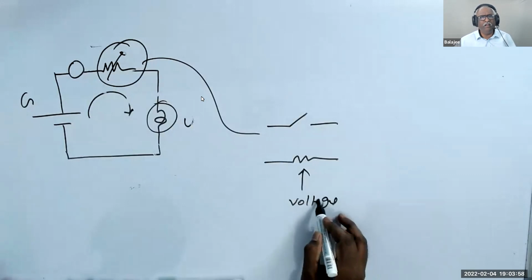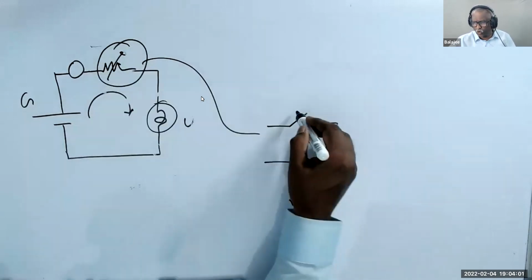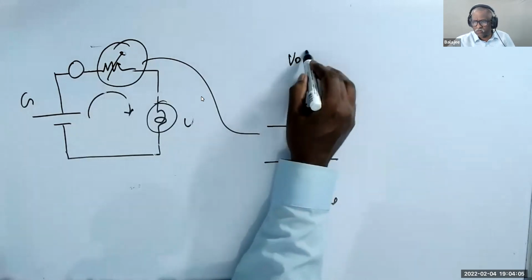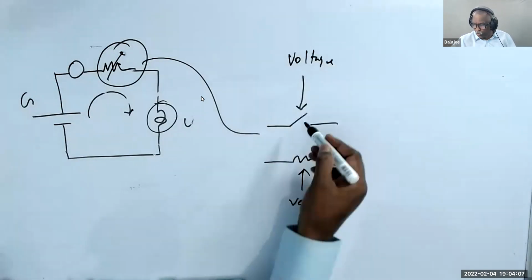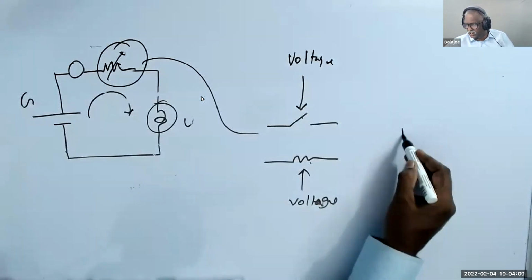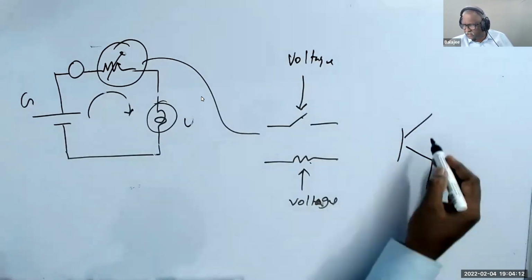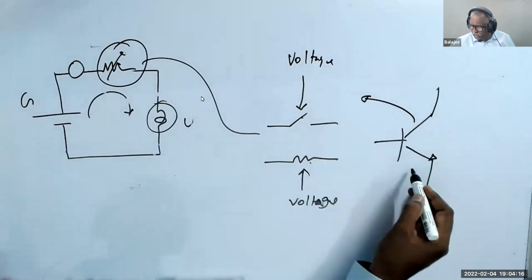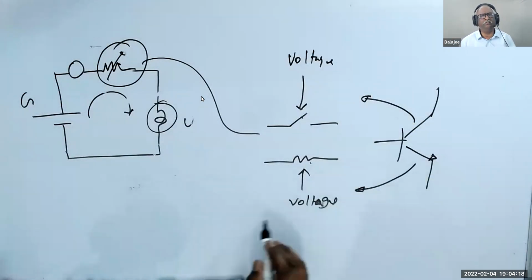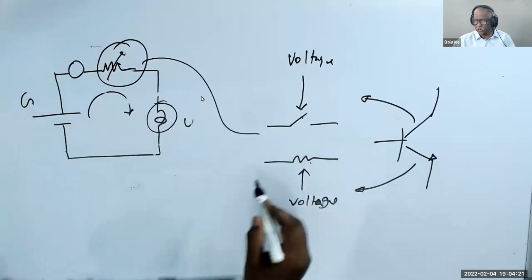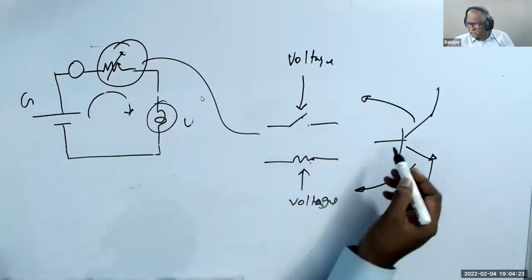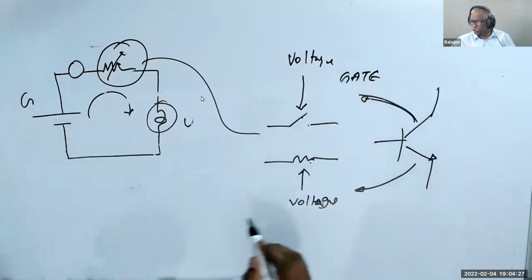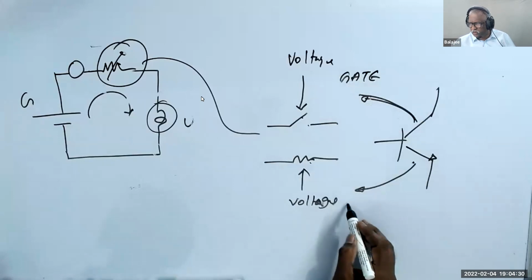Please understand: instead of controlling by hand, I use control through voltage. To do these two activities, they found a single device called the transistor. A transistor can be a switch or a regulator. When I use a transistor as a switch, I call it a gate. When I use a transistor as a regulator, I call it an amplifier.